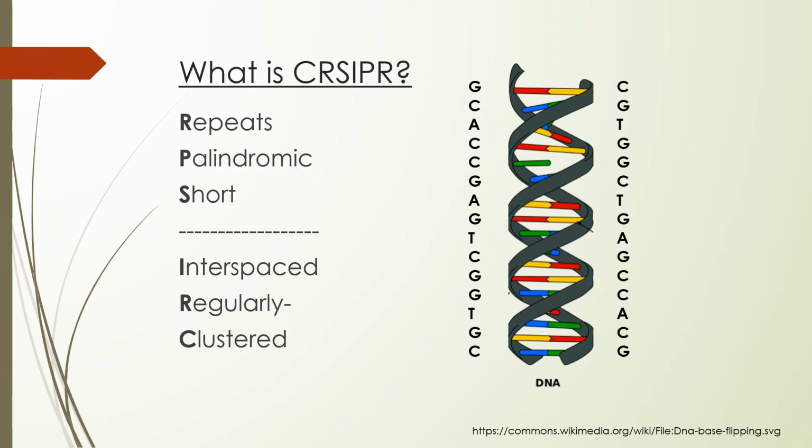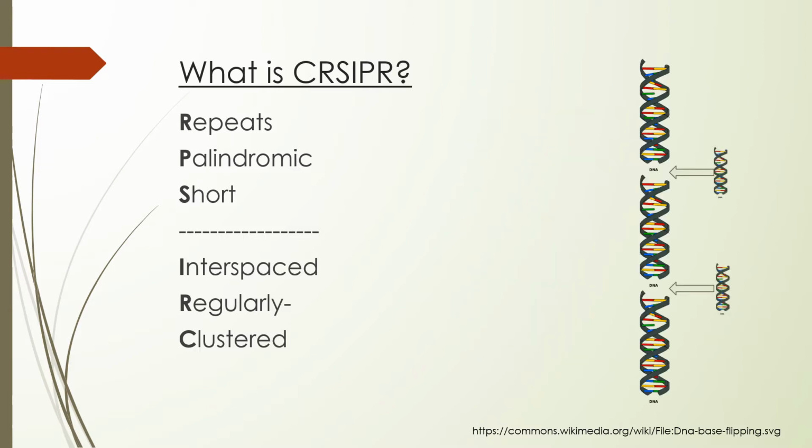Next is the S, which refers to the short DNA segments that are being repeated over and over again. But now you see this pattern is I, interspaced, by separate DNA called spacer DNA, which are not the same or identical.